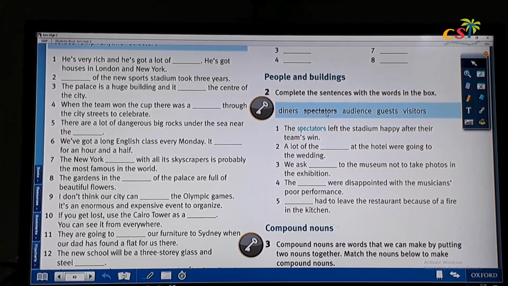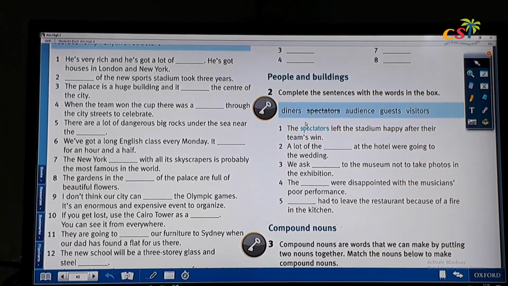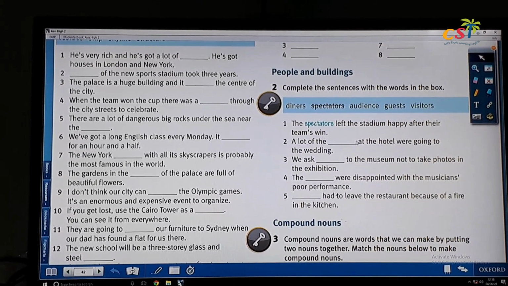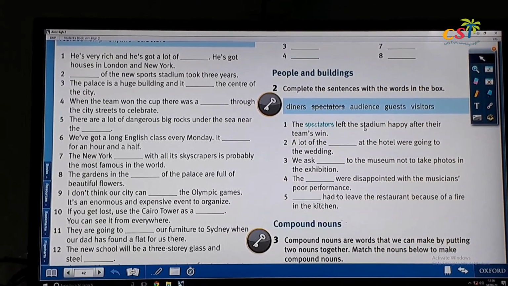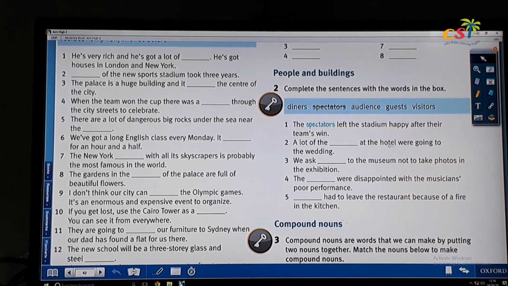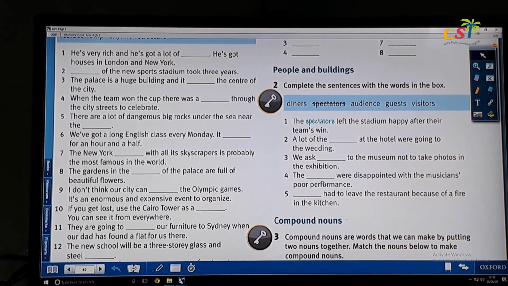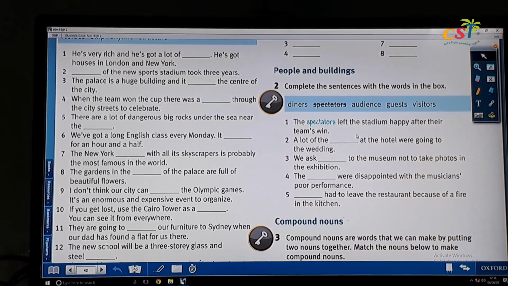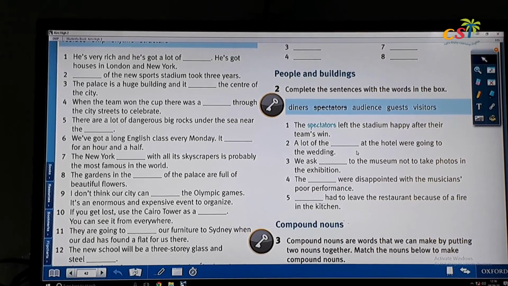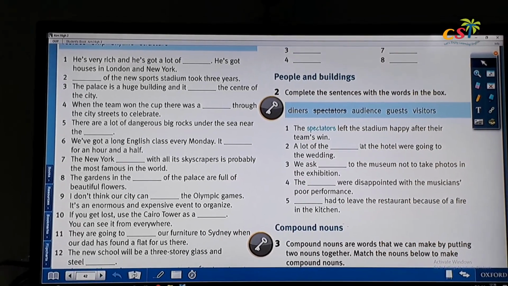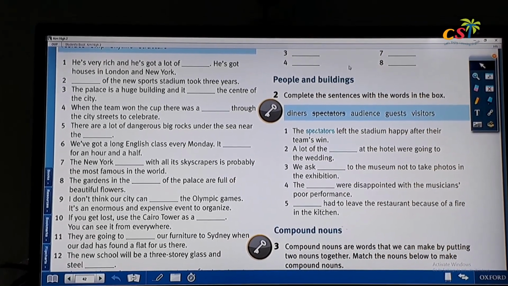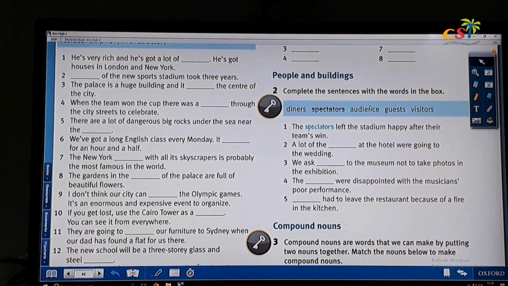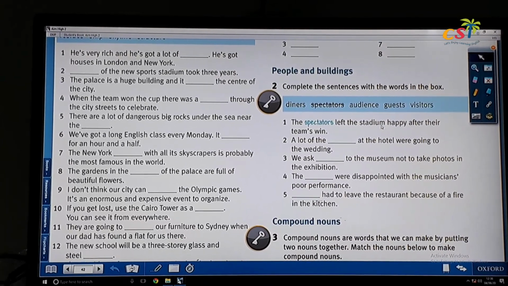Spectators are people who watch a match in the stadium and they come to support their team. Audience are people who watch a performance. We can call them audience. It can be a concert, it can be a speech or something.